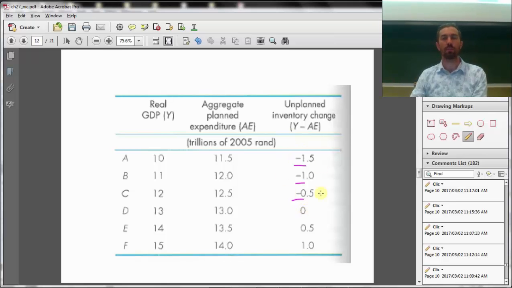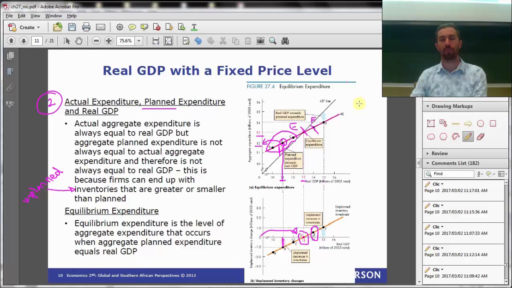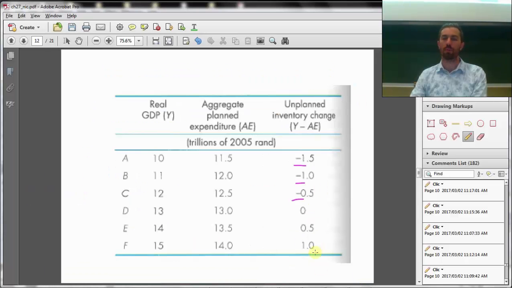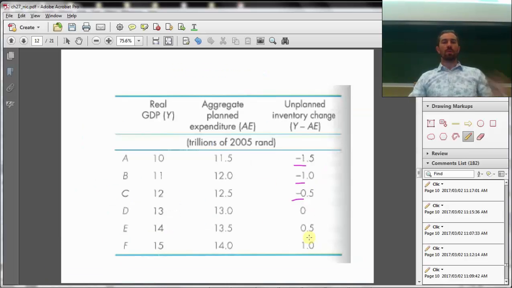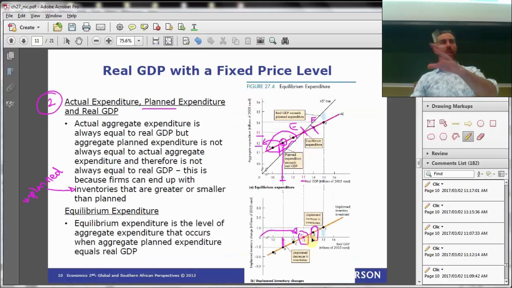We are selling more than what we are producing. At point D, it's equal. At points E and F, we've got inventories increasing in a way that we did not anticipate because we are not selling what we thought we would sell. Okay, so that's the dynamics of this system, and that's how it works.